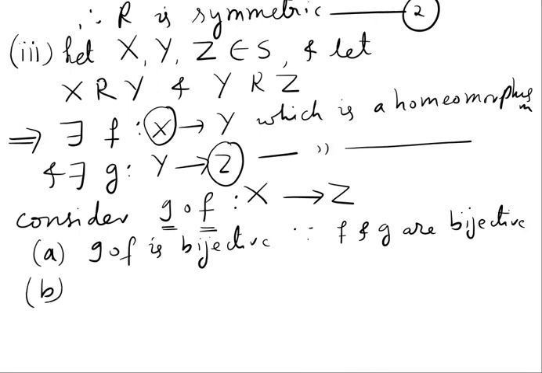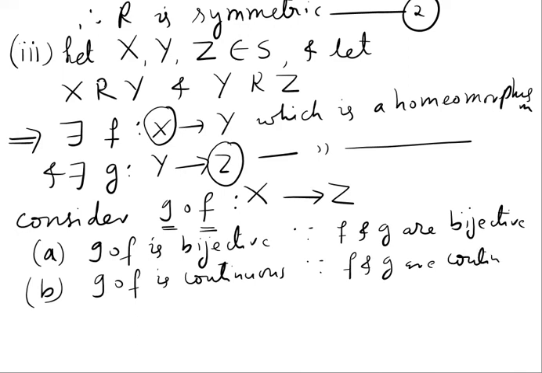Second one now: is it continuous? g∘f is continuous, because f and g are both continuous. Remember, our f and g are homeomorphisms. That means f and g are bijective, continuous, and their inverses also are continuous.